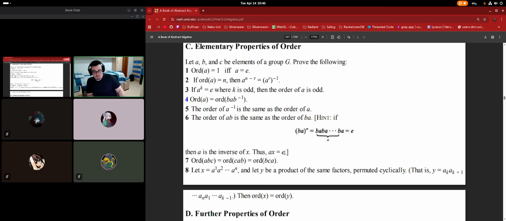But again, we still have to go one step further because we have to prove that the order is the same. You can use that to flip the elements and transform one into the other, essentially. Ah, okay, that is very interesting.